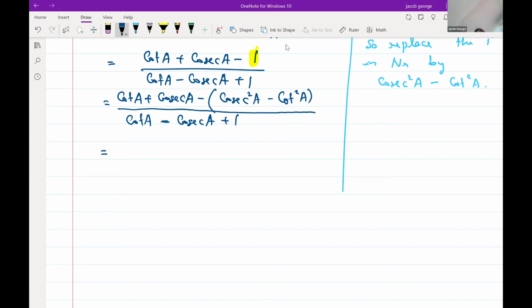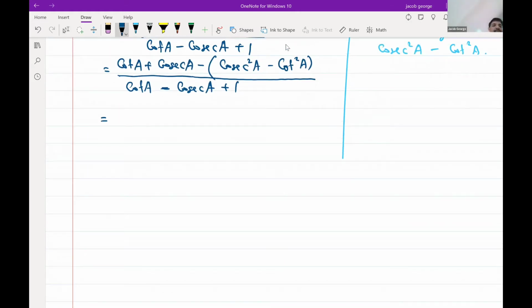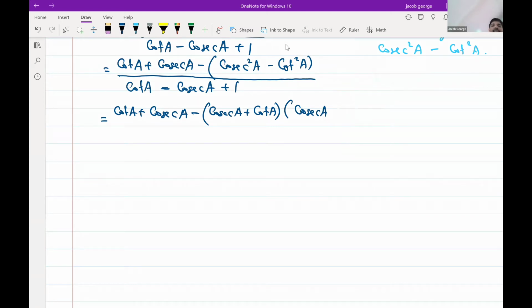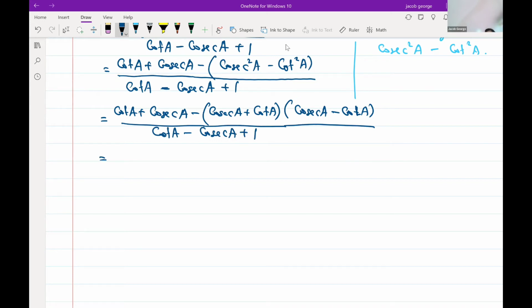A plus B into A minus B. So you will write this as cosec A plus cot A into cosec A minus cot A. So this will be cot A plus cosec A, then minus of cosec A plus cot A into cosec A minus cot A, all divided by cot A minus cosec A plus 1.